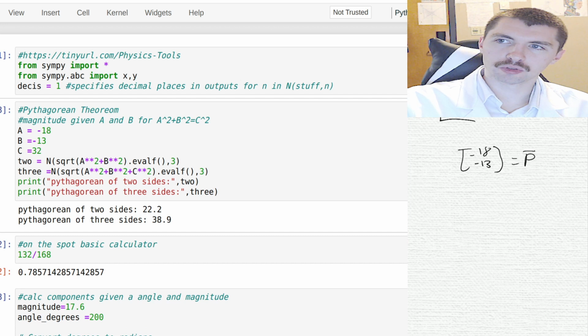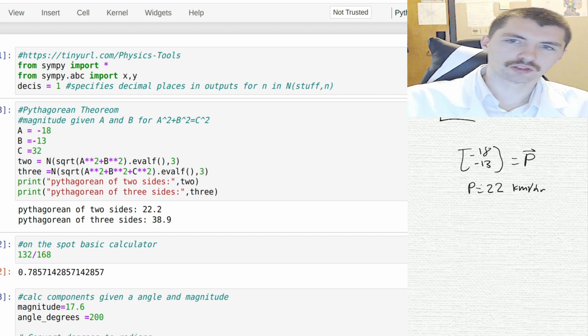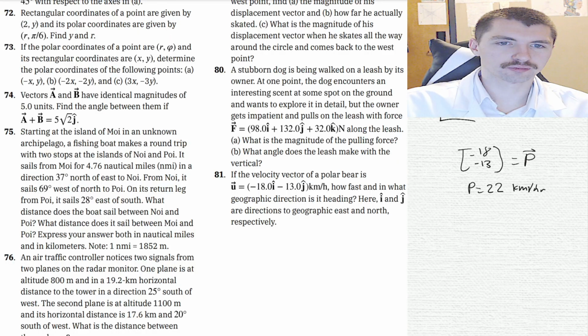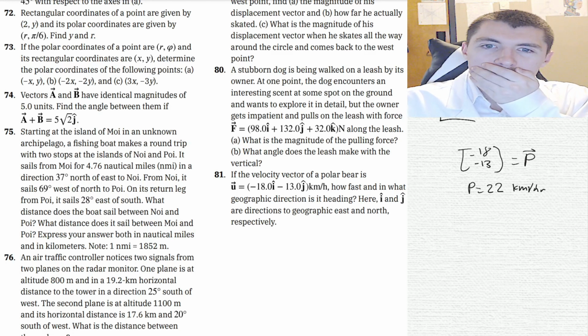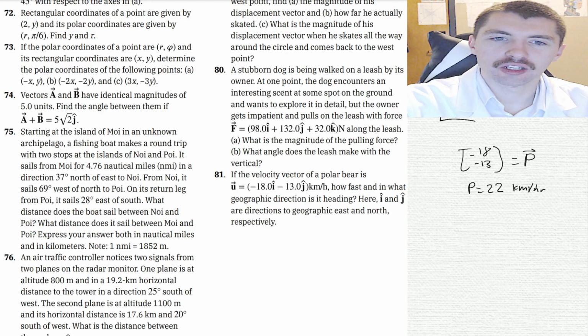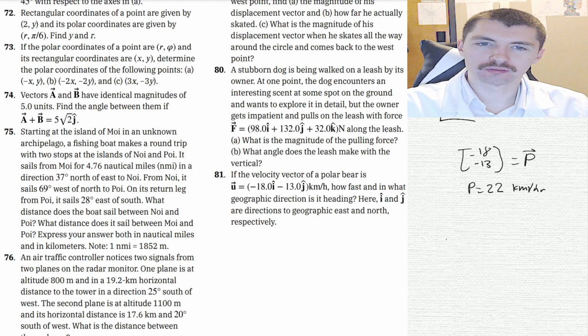Equals polar bear and kilometers an hour. And what direction is it heading? So it's going this way. We want to know this angle.